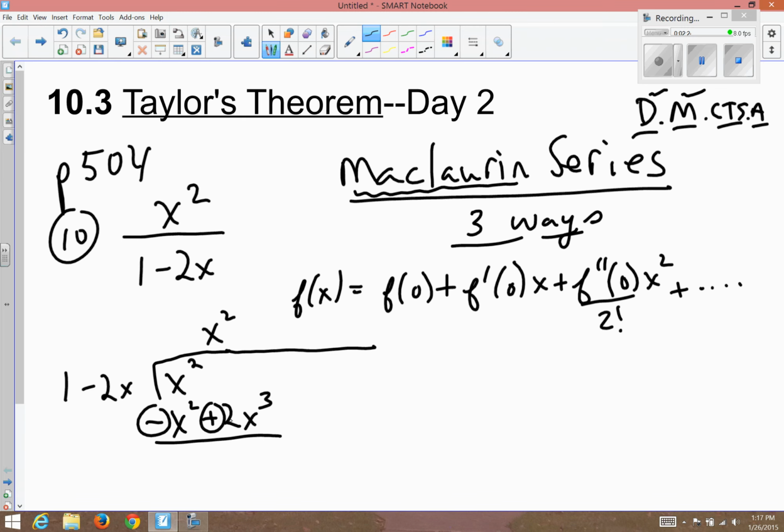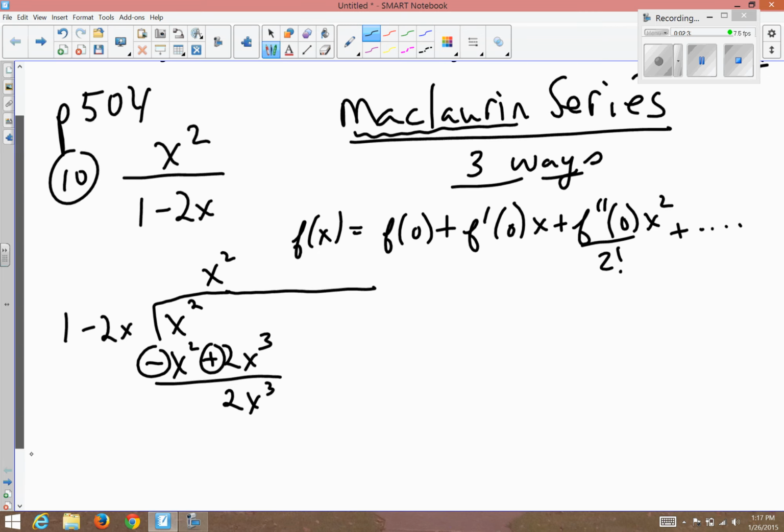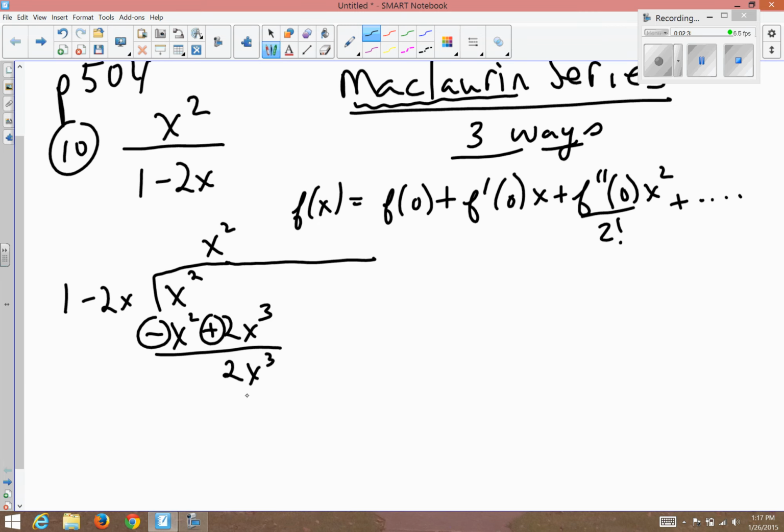Next column is 0 plus 2x cubed, which is 2x cubed. We change the signs and then we start over. What do I multiply by 1 to get 2x cubed? 2x cubed. Multiply 2x cubed times all this. We get 2x cubed minus 4x to the 4th. Change the signs. Add.